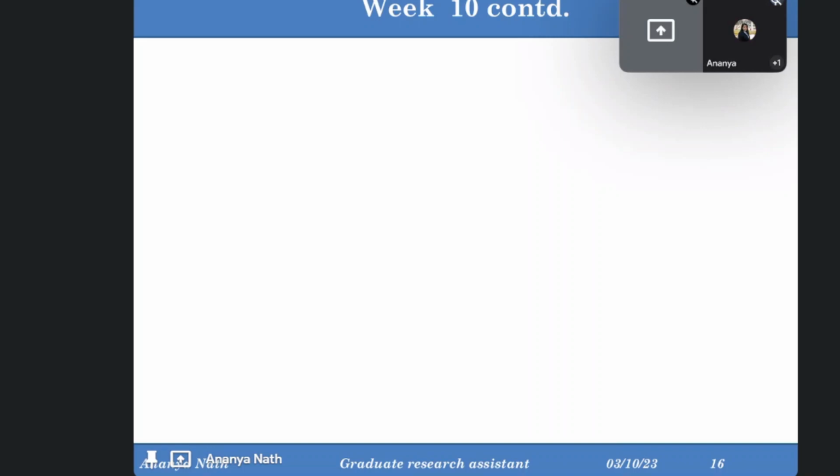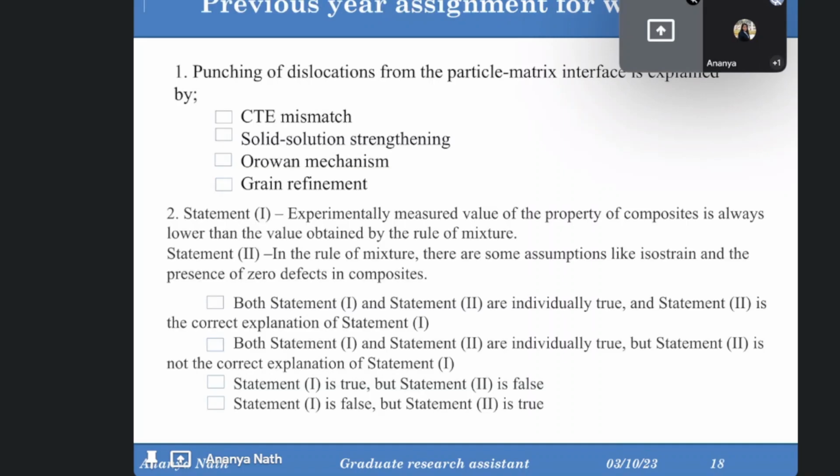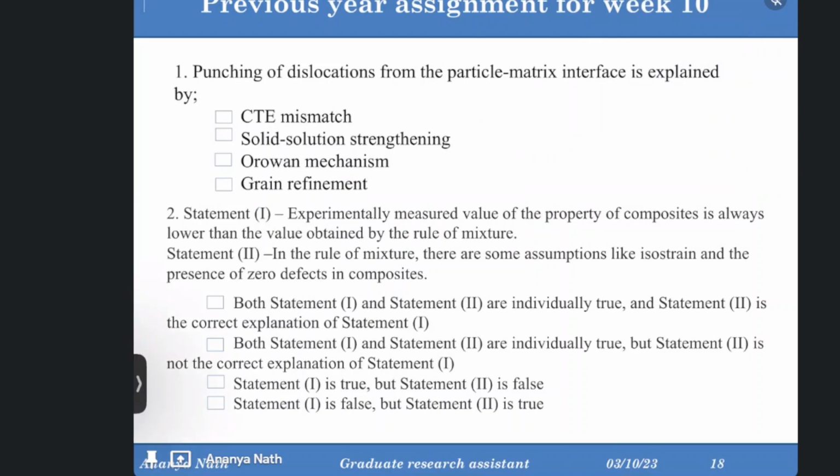Okay. So now we can see the MCQ questions for week 10 from the previous year's assignment. These are the questions you can try to answer, then we'll see the real answer. The punching of dislocations from the particle matrix interface is explained by CTE mismatch.